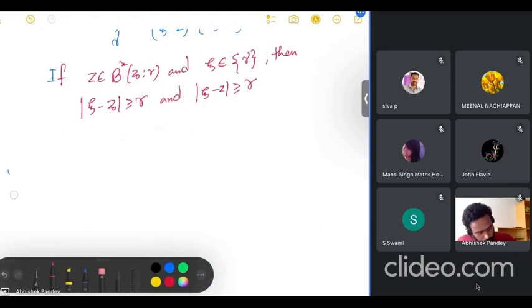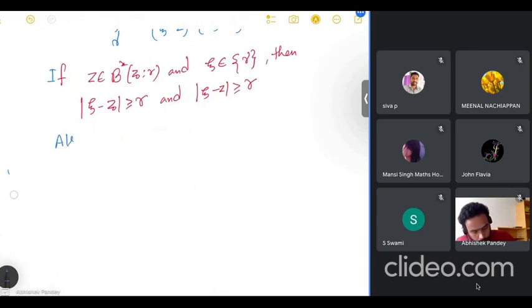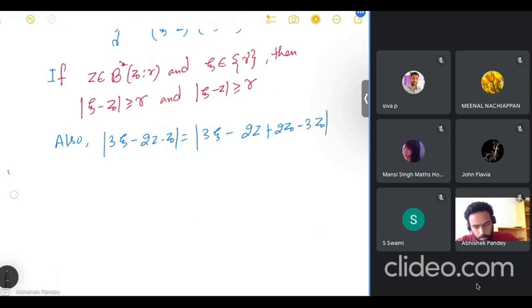Now with this one also, 3 xi minus 2z minus z naught is basically equal to 3 xi minus 2z, just write minus 2z naught plus, wait a minute, plus 2z naught minus 3z naught, which is nothing but 3 xi minus 2z minus z naught minus 3z naught.